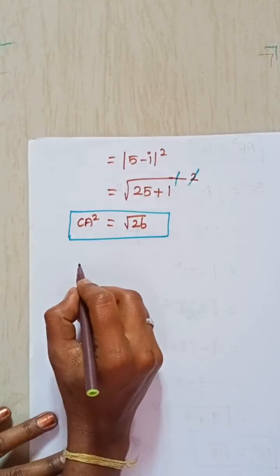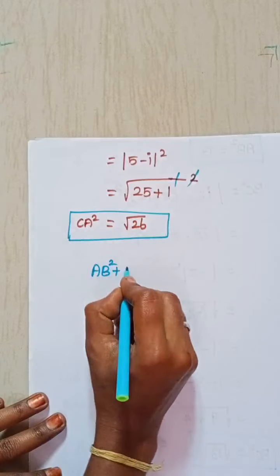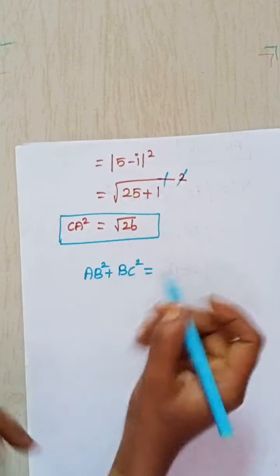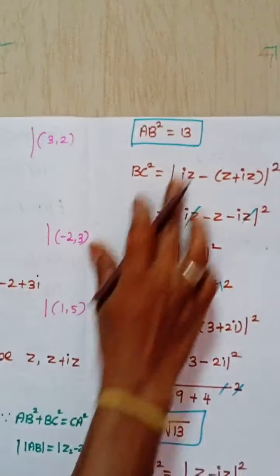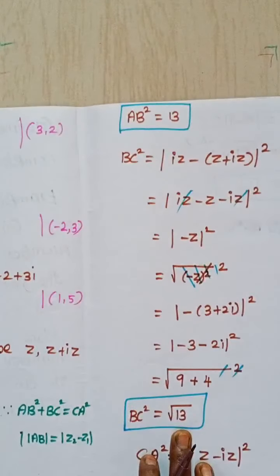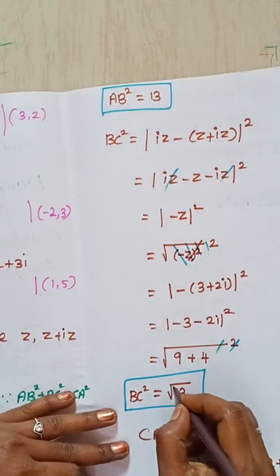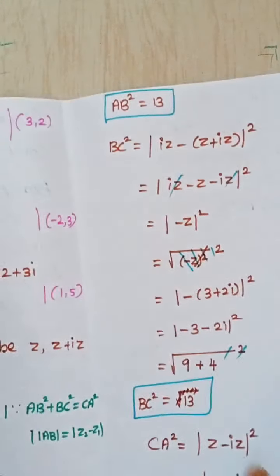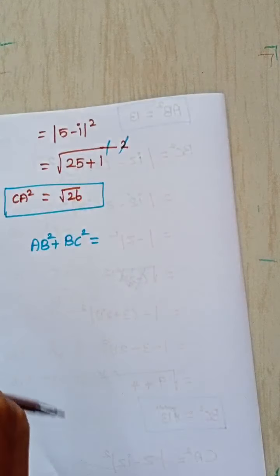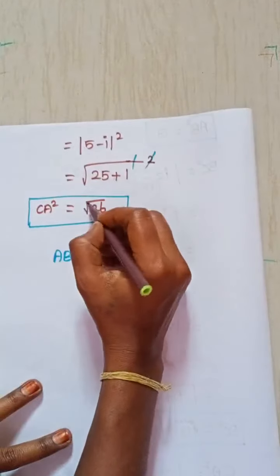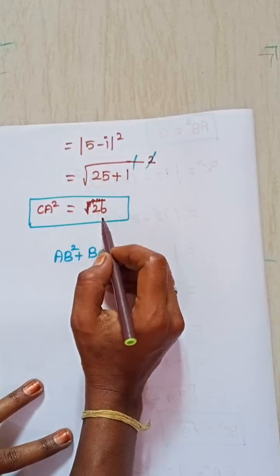Now consider the result. AB square plus BC square is equal to, what is the AB square value and the BC square value? AB square is 13, BC square is also 13. And here it is 26 only.